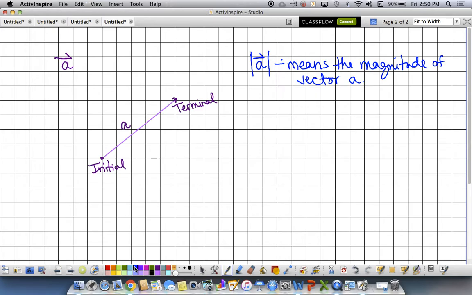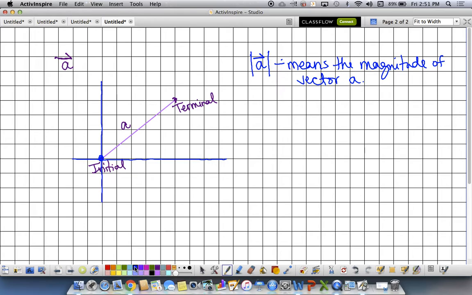Well, you know I said that we didn't really draw an XY coordinate plane? But if we are going to draw one, we will always put the initial point at 0, 0, at the origin. So if I wanted to draw a coordinate plane here, I would put the initial point at the origin.